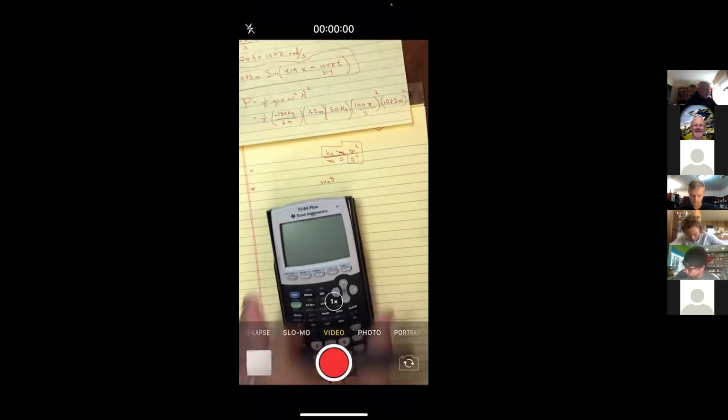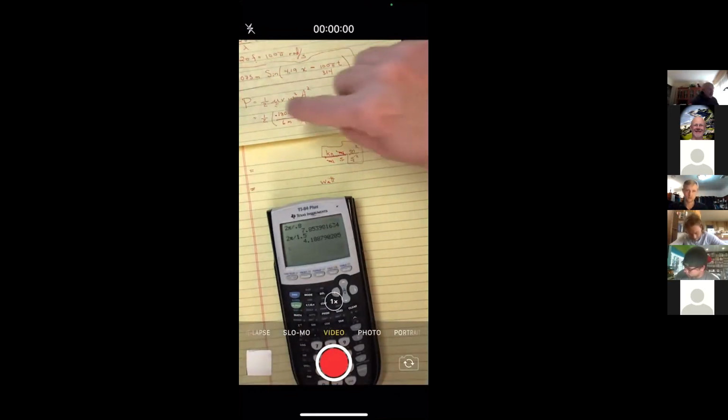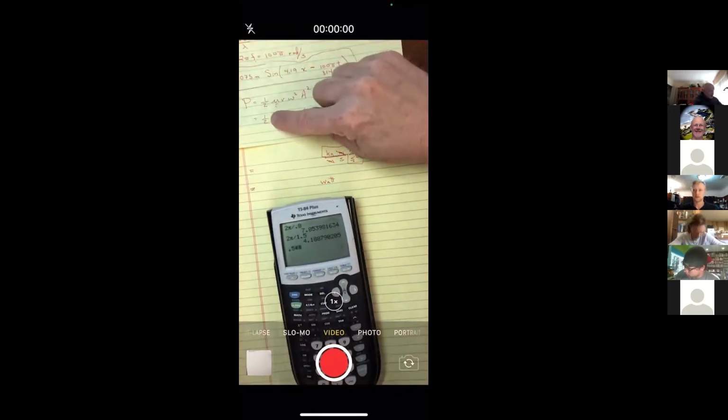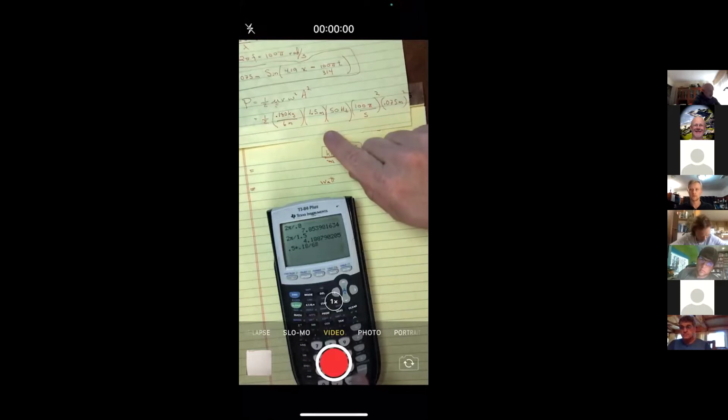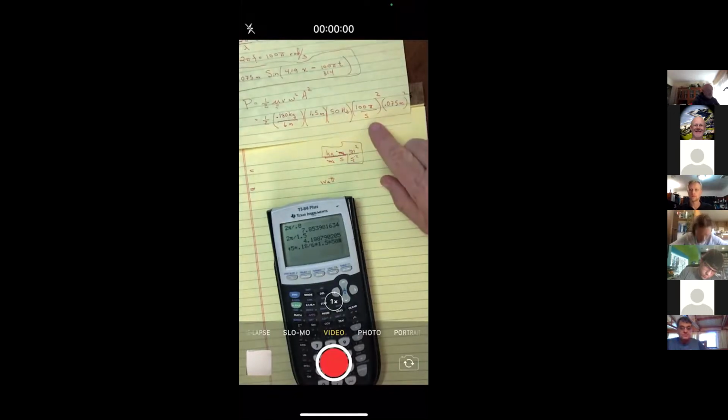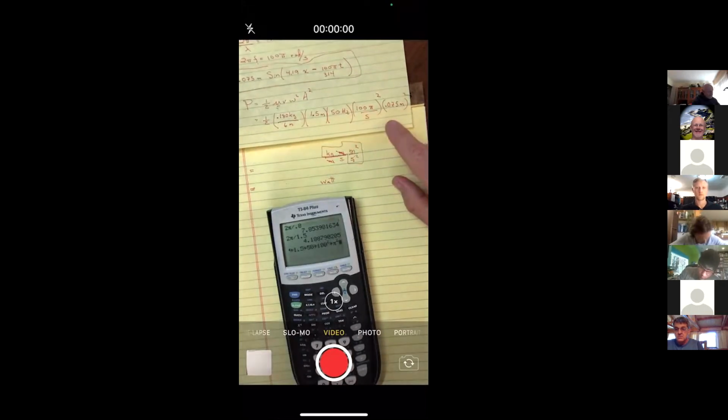Now let's try the numbers here. All right, so this is 1/2. This is 0.18 divided by 6. This is 1.5 times 50 times, and I'll just do this separately, 100 squared and then times pi squared.